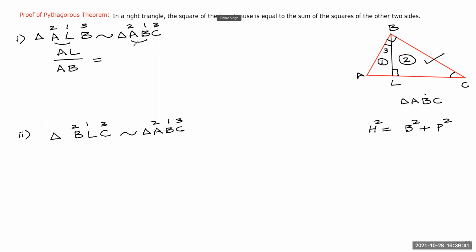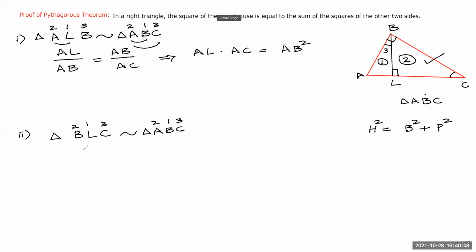So when we want AC here, it will be AB by AC. From that we get AL into AC is equal to AB square.